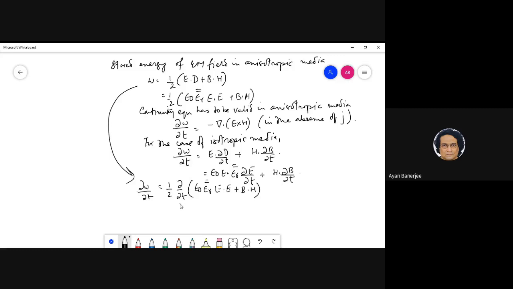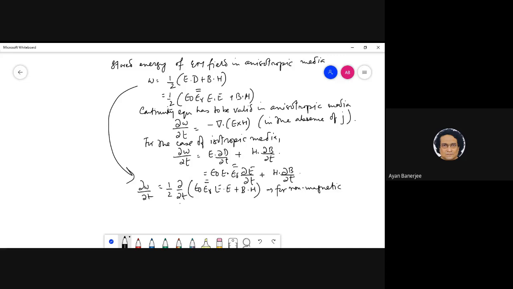Shouldn't the epsilon r be between E dot E? Like for the isotropic media, your epsilon r will be a simple number, so you can take it out. But in this case, you won't be able to.